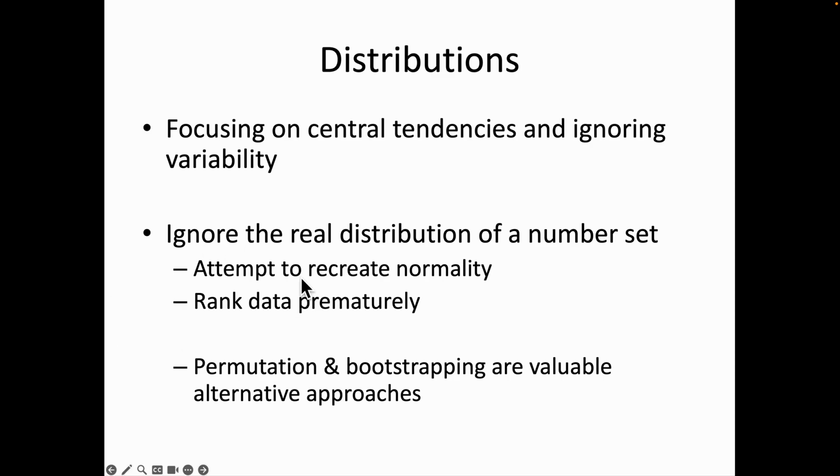Further, don't ignore the real distribution of the data. One of the things I definitely encourage you to avoid doing since the beginning of the semester, and I will always encourage this, is trying to recreate some sense of normality in the distribution. I see an argument for it in some cases, and there are some cases where there's a good argument for it. And one of the benefits of a factor analysis is it does create new variables that approximate a normal distribution.